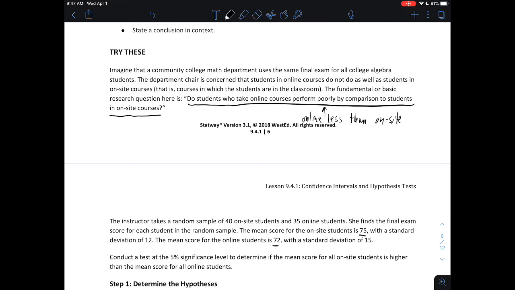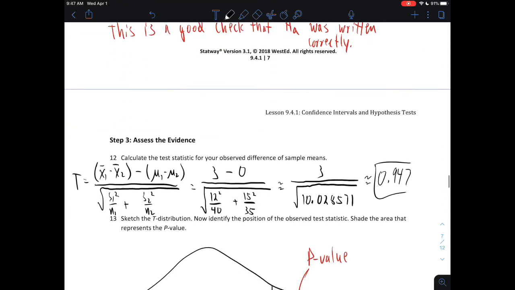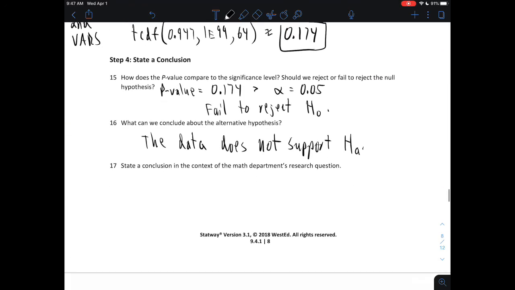No, the data does not support that conclusion. So, in our conclusion that we want for number 17, we can say at a 5% significance, the data does not suggest that the online students perform poorly when compared to on-site students.